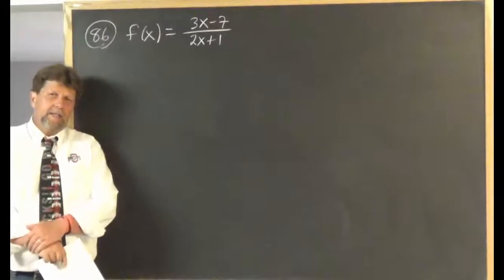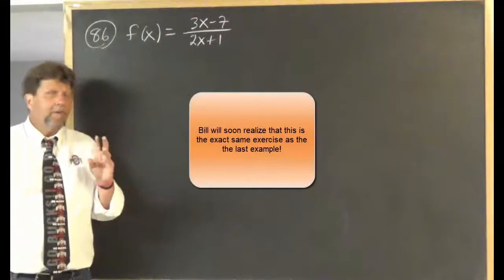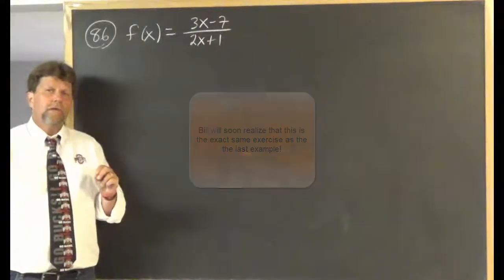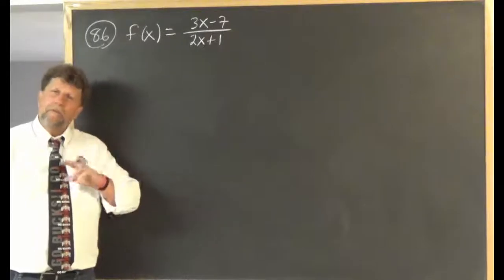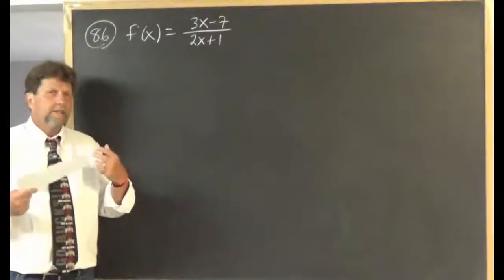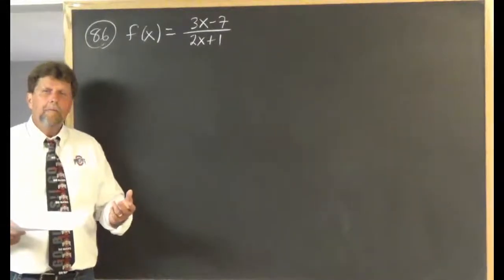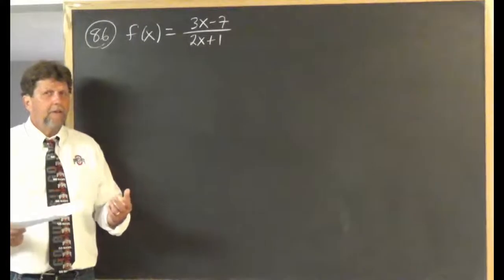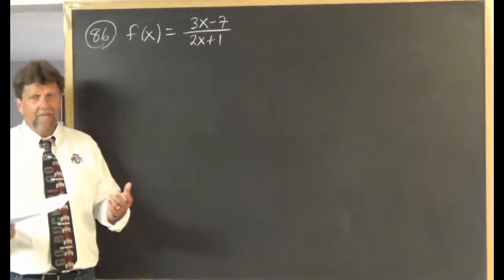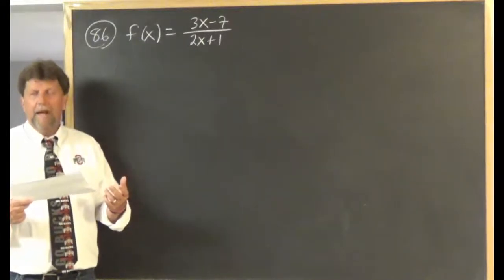All right, number 86, hopefully you paused the video and tried it. You were asked to determine where the function (3x minus 7) over (2x plus 1) is continuous. Again, we have a rational function, and for what values of x would the denominator be 0? Hopefully you saw that the value of x that makes the denominator 0 is negative 1/2, because we just did that one.